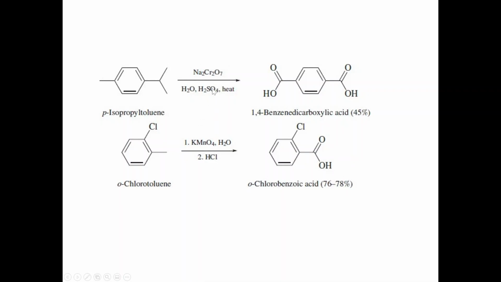So if you choose to use this set of reagents, then it's one pot and you're done. And on paper, that's quite a bit easier. If you choose to use this set of reagents, remember that in step 1, you have to use the potassium permanganate, and then in step 2, you have to treat it with an acid to put the hydrogen on the end. Either sets of reagents will accomplish the chemistry that we need to happen.